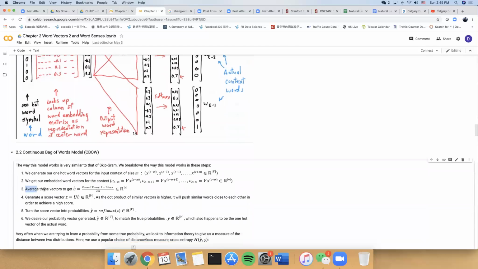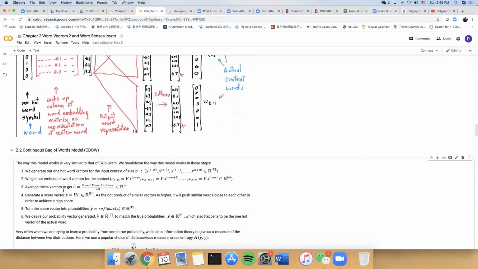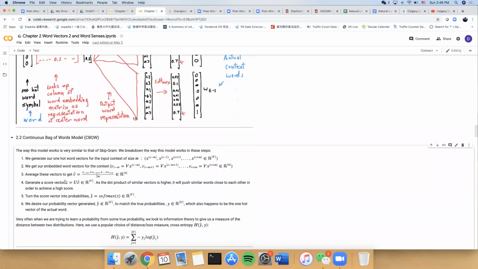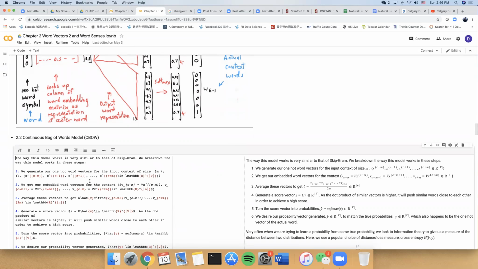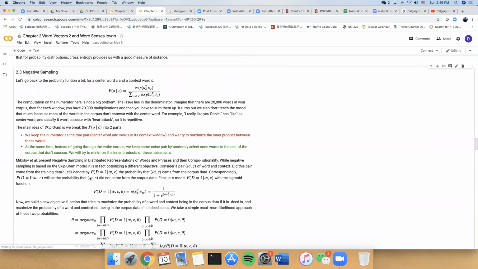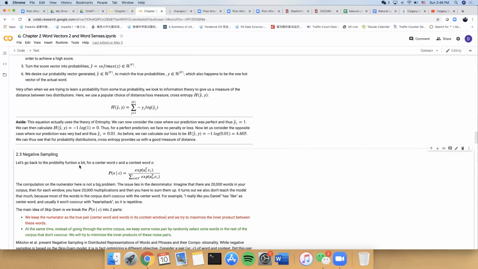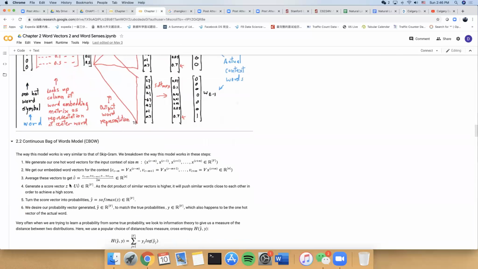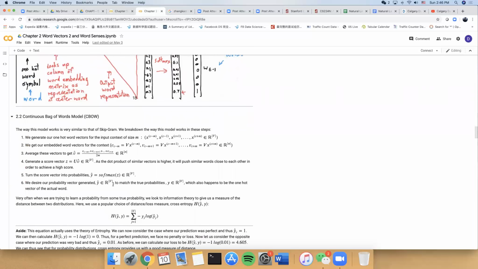This is another trick, you can do it or not, because you try to scale all the matrices into the same range, but it depends on your task. At the end, we still multiply the context word with the output word matrix to get the score function. Then we put it into the Softmax function, minimize the loss function, and we get the final result.